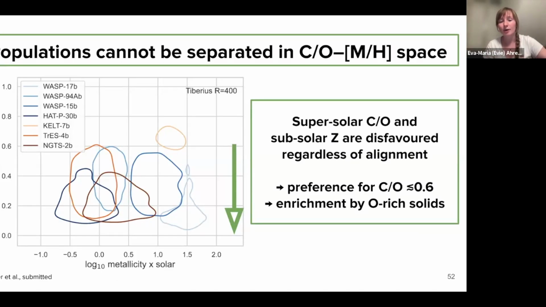There is some preference in terms of metallicity as well for more solar values, so sub-solar metallicities are not really preferred. Location-wise, we are in the bottom right side of the plot that James showed, and we'll come back to how that points towards the enrichment of oxygen-rich solids.